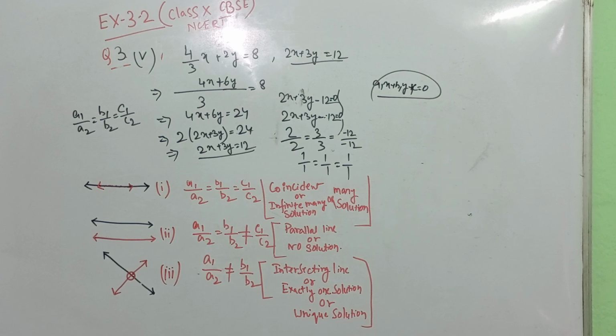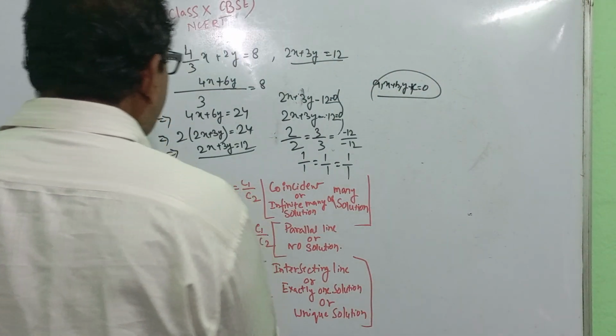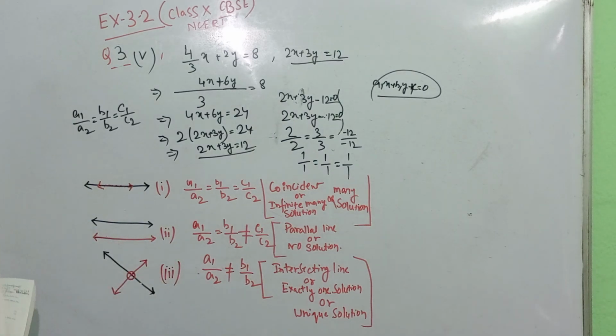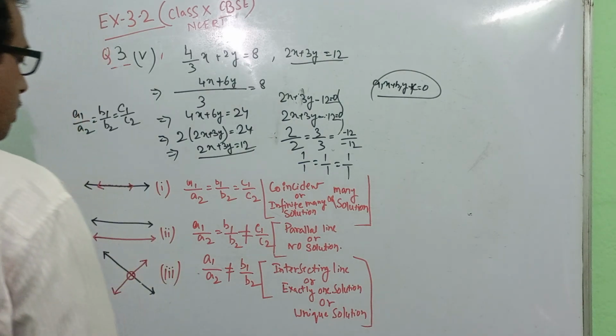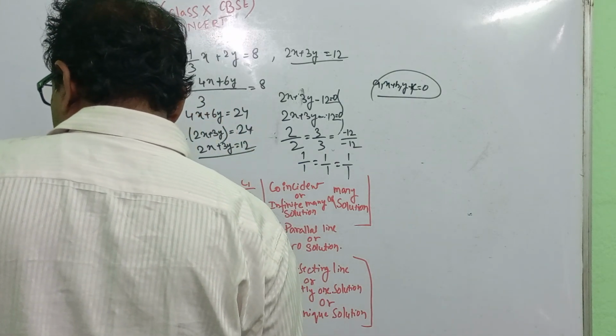So which portion is called inconsistent? So we have to know the terms. What is consistent and inconsistent? Or this is called consistent.